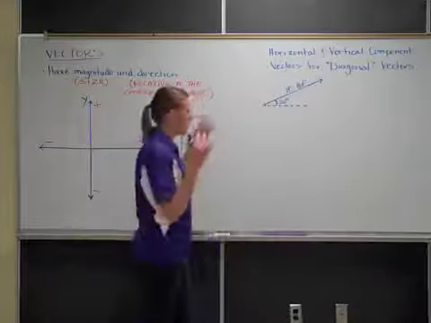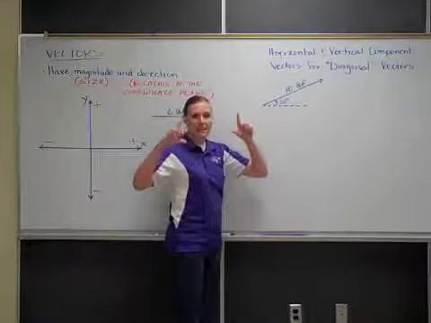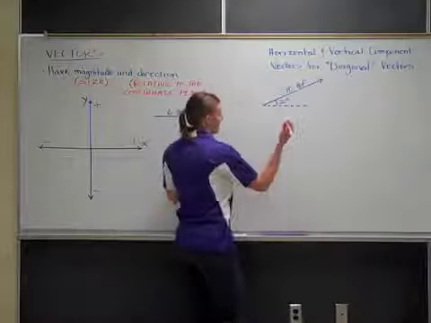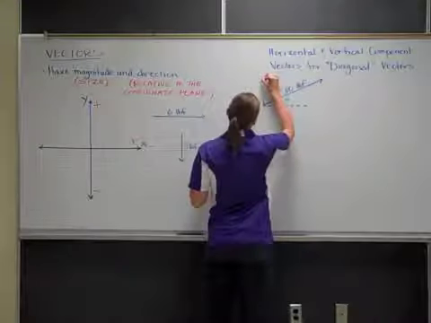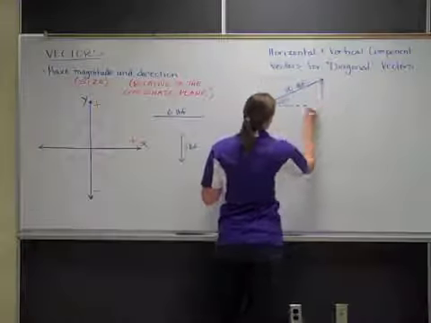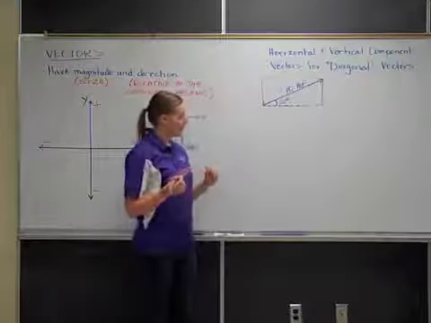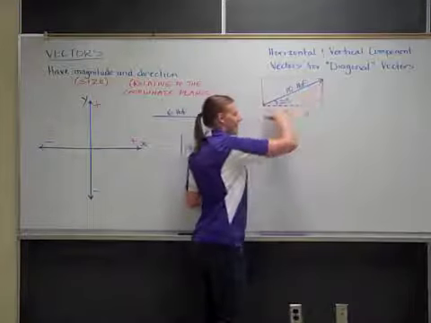And the best way to help you visualize this is to take the vector that we've got here and to make it the diagonal of a rectangle. So this doesn't have to be perfect, it's just to help you visualize. So it's okay if you don't have to bust out your ruler or anything like that. But there's a rectangle. And you can see now, once we've drawn that rectangle, that you can see where the trig is coming in.